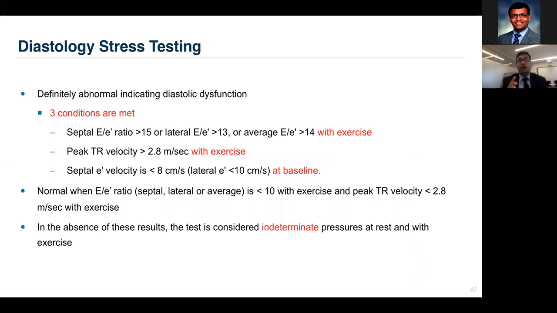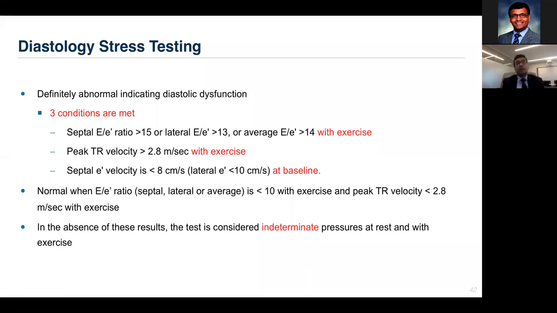It's not typically performed routinely in clinical practice, but it's been more and more advocated.